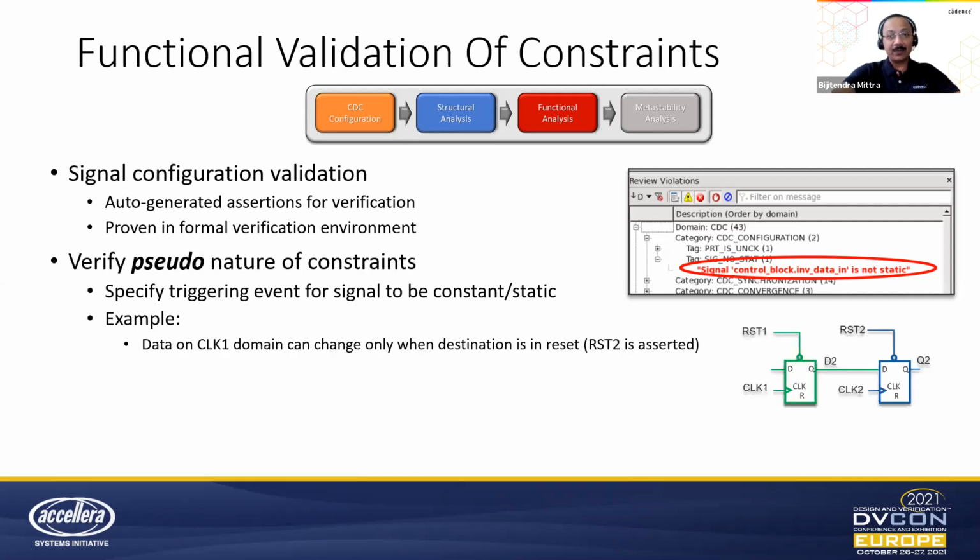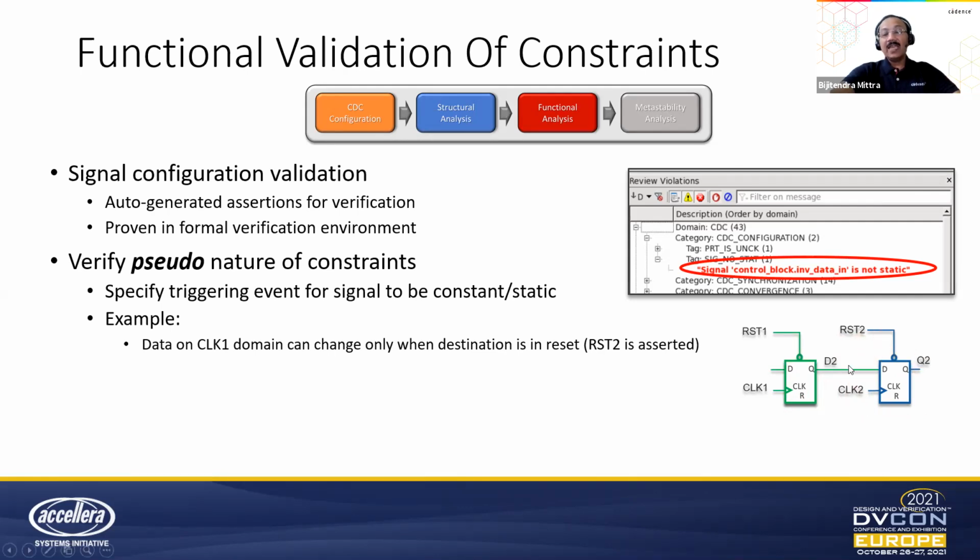So let's take an example. In this example, you see there are two flops which are connected, and there is a CDC crossing between them. Now, there is no synchronizer here because the assumption is that when the source signal D2 changes, the destination is under reset, which means RST2 is asserted.